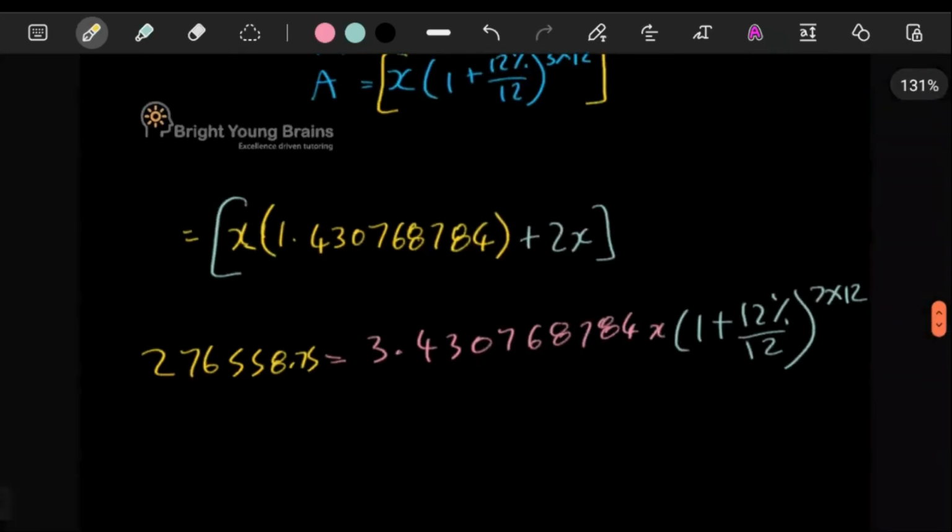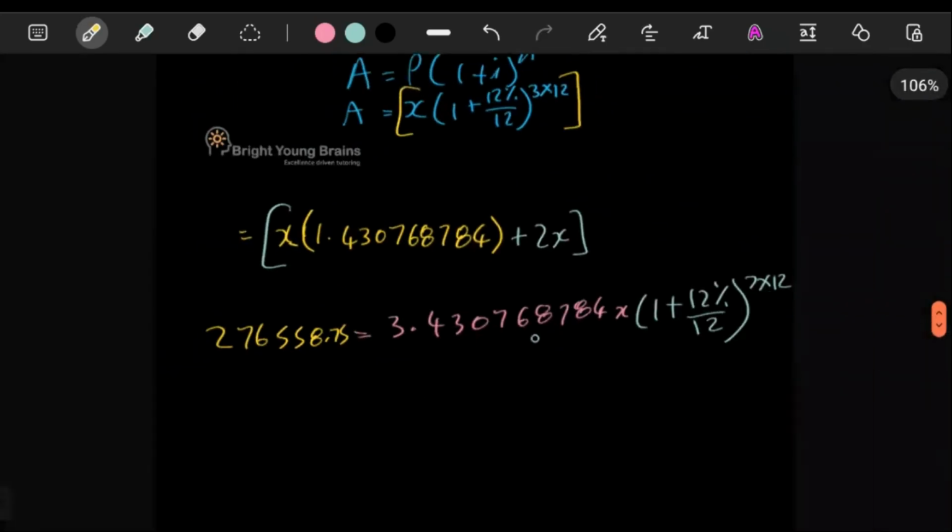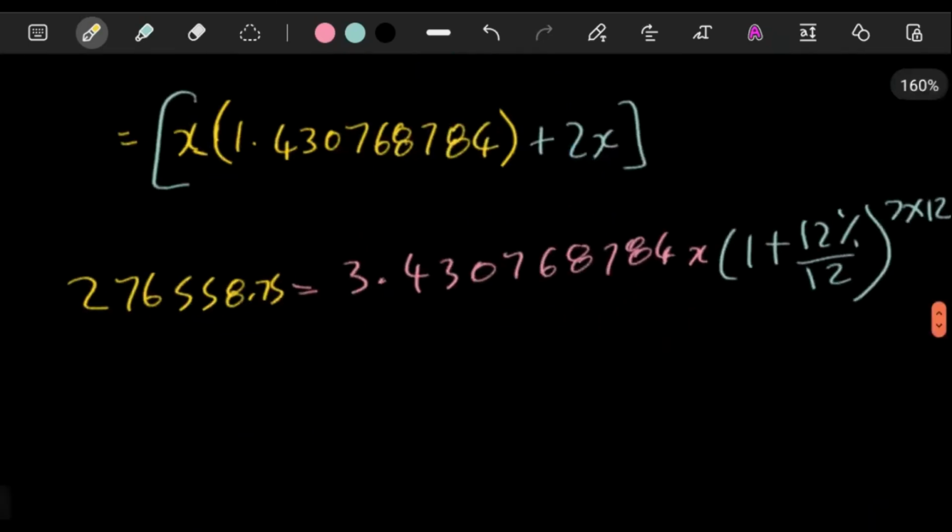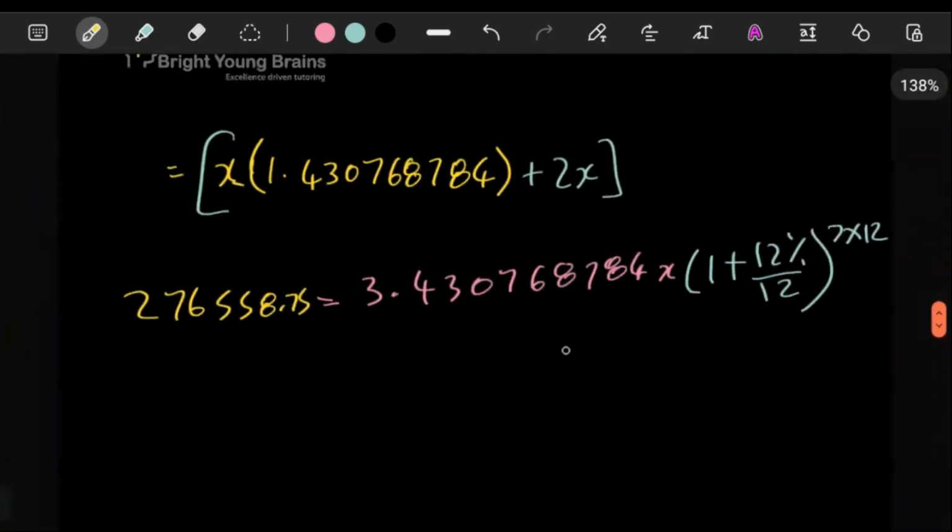During this 7-year period it's going to sit there and add up to this. If you're going to solve for x, your best bet is to isolate x. So you want to get a value for this bracket to the power of 7 times 12. That's not going to be difficult, we just want to be careful. Let's see what that gives us.